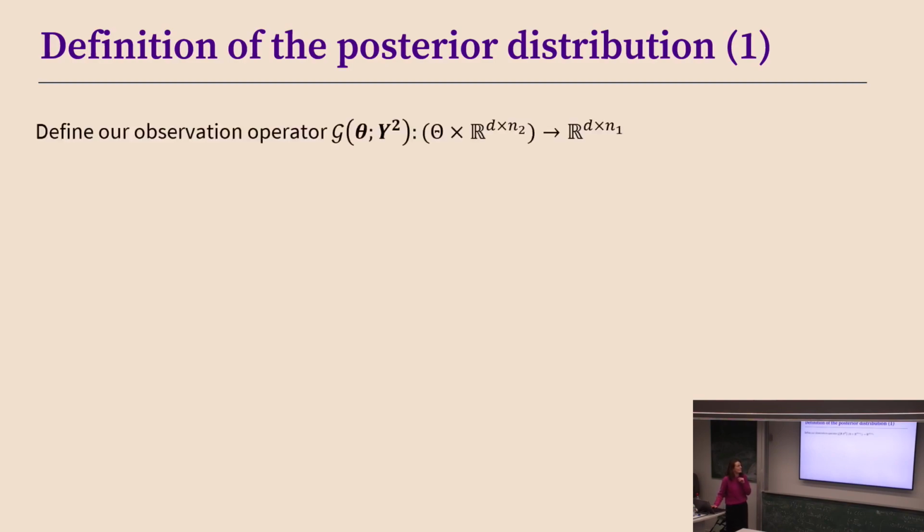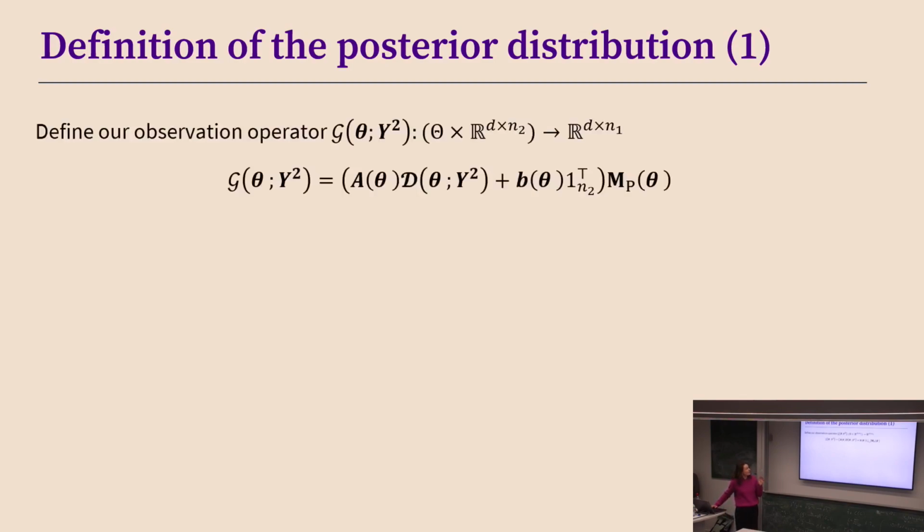Okay, so I'm going to go through the setup of our problem here. It's going to be a little bit like we jump into it, but that's because I want to show you some of the results, so hopefully I can walk you through step by step. First of all, we define our observation operator, which I've shown on previous slides as being G here. This is some combination of our affine transformation, which is the matrix A and the vector B here.